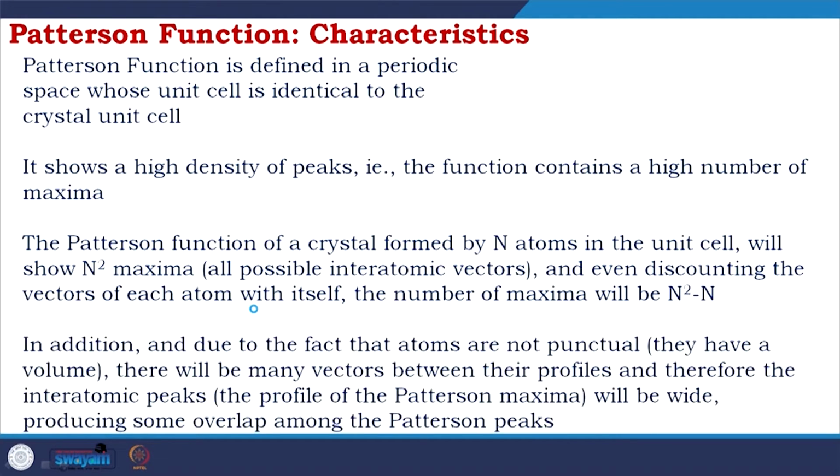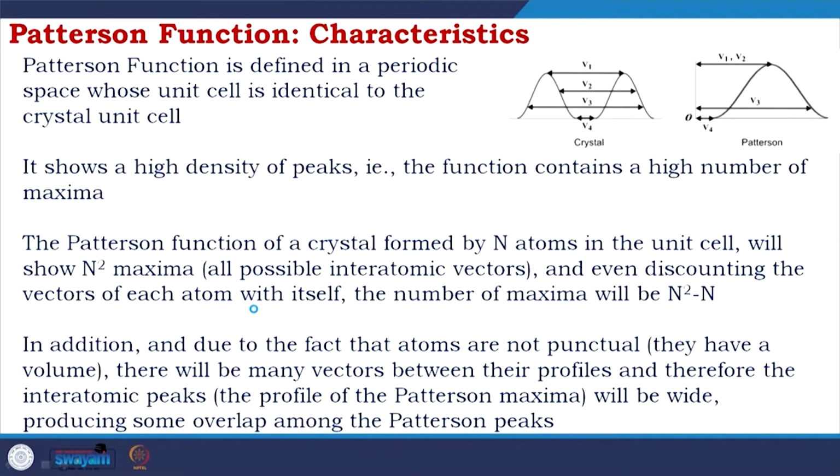In addition, due to the fact that atoms are not punctual, they have a volume, there will be many vectors between their profiles, and therefore the interatomic peaks will be wide, producing some overlap among the Patterson peaks. You could see that here it would be wide and there are overlaps if you compare the crystals and the Pattersons.